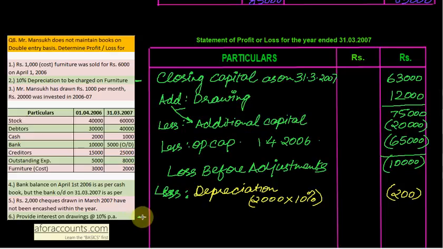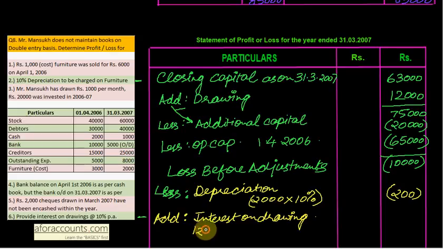First decide what is interest on drawing. Is it profit for the business or loss for the business? Drawing, the proprietor is taking away the amount and the business is charging the proprietor interest. So it is income for us. So add interest on drawing. How much drawing has been done?